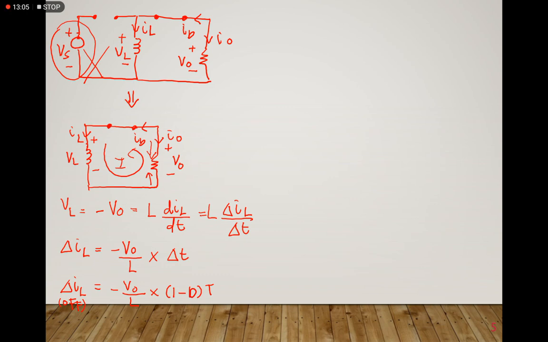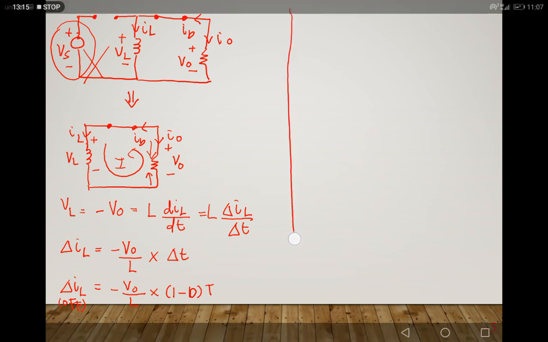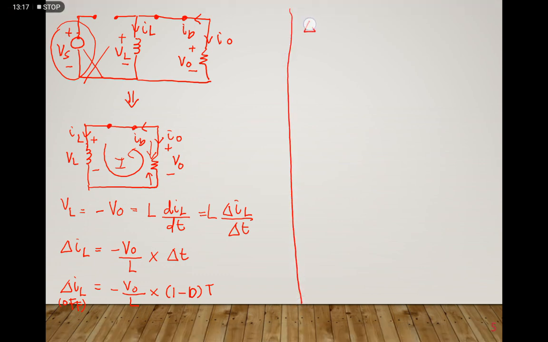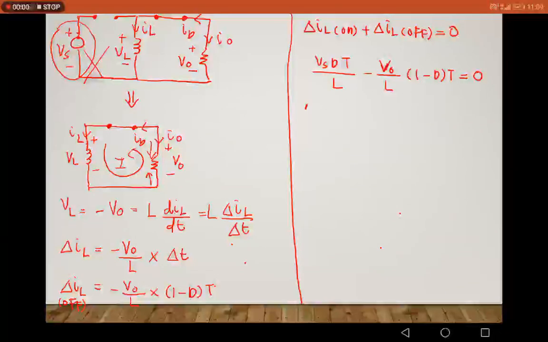Alright, now we need to equate these two equations together, delta IL when your switch is on and delta IL when your switch is off. So delta IL on plus delta IL off equals 0. Previously we have the delta IL equation when your switch is on as Vs dT over L, so we substitute it into this equation.